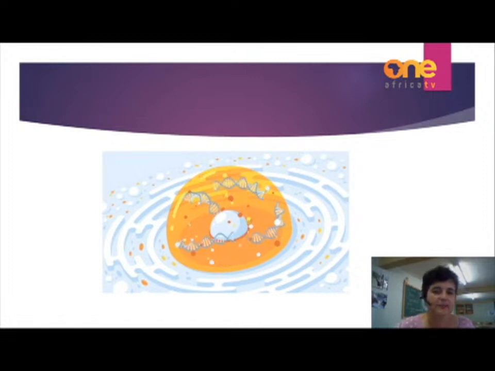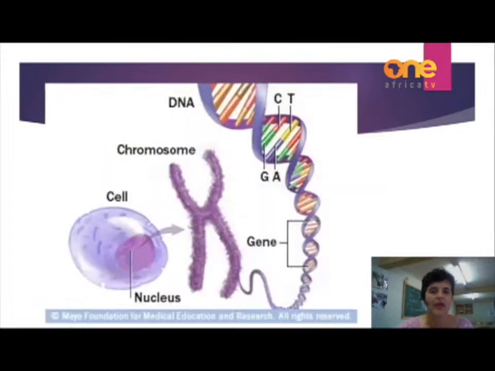It is spiral shaped and it looks like a ladder. And for that we have a name, a double helix, because the ladder has two legs. That is how we describe the shape of DNA, a double helix.